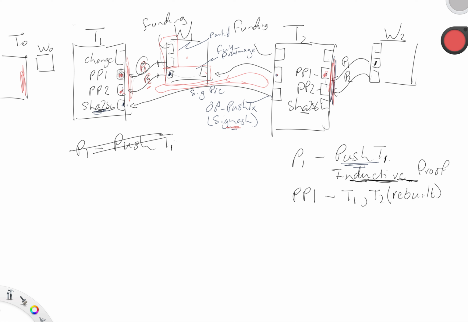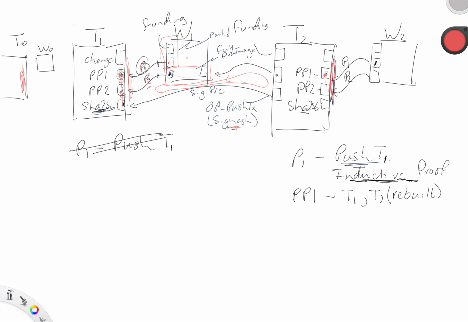It only checks that the second out point, or the second input in W1, actually spends from its neighbor here. So this guy checks that its neighbor there is solid. This guy there checks that its neighbor there is solid, which means that we can always be certain that all of these spends have occurred.